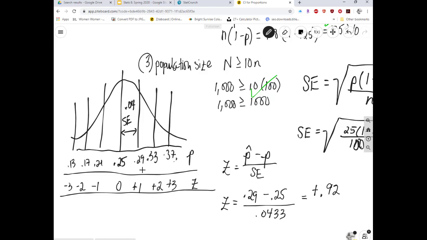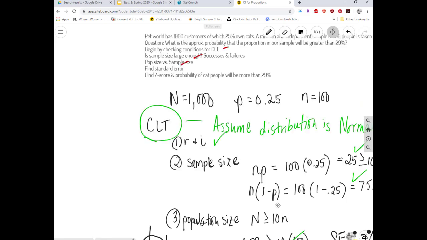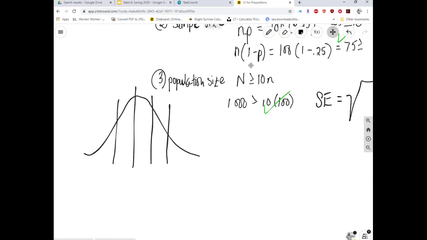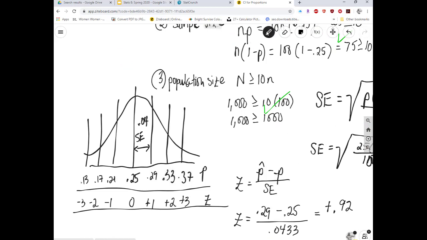Perfect. Now I need to find the associated probability. So let me go back to my question. We want to know what is the probability of there being more than 29% of the people in the sample that are cat people. So I want to know everything from approximately here in this direction.